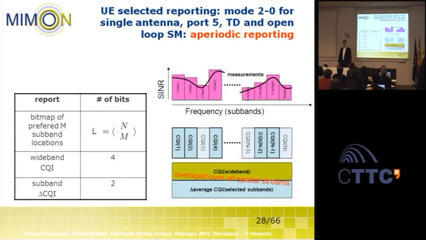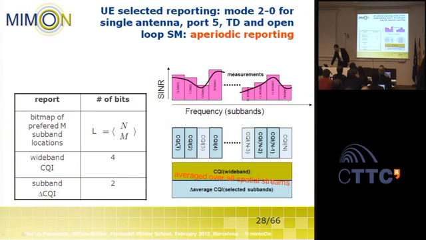There's another reporting mode in LTE that is based on a selection of the best subchannels. This selection is performed by the user equipment. After taking all these measurements of the channel, the user equipment can create a bitmap of subchannels, and this bitmap is sent to the base station.